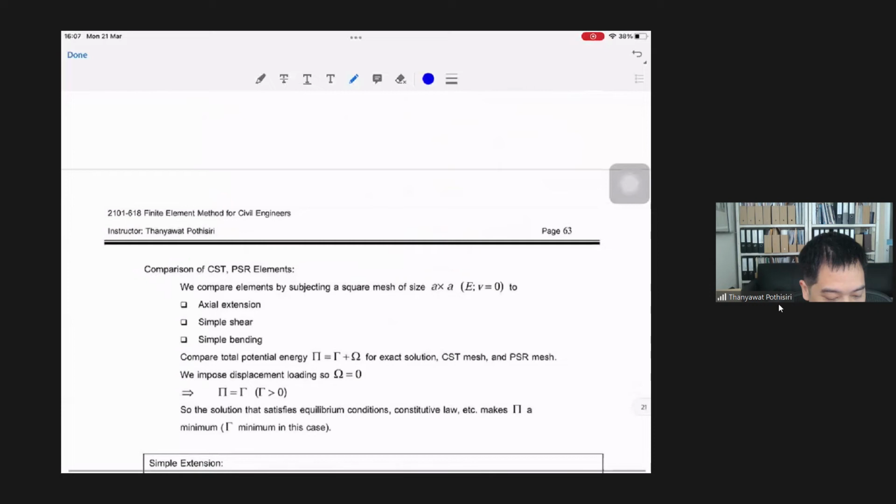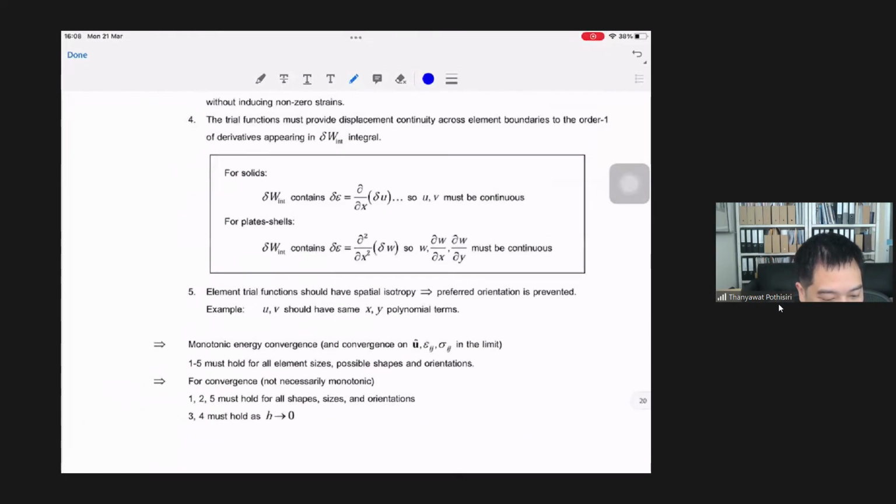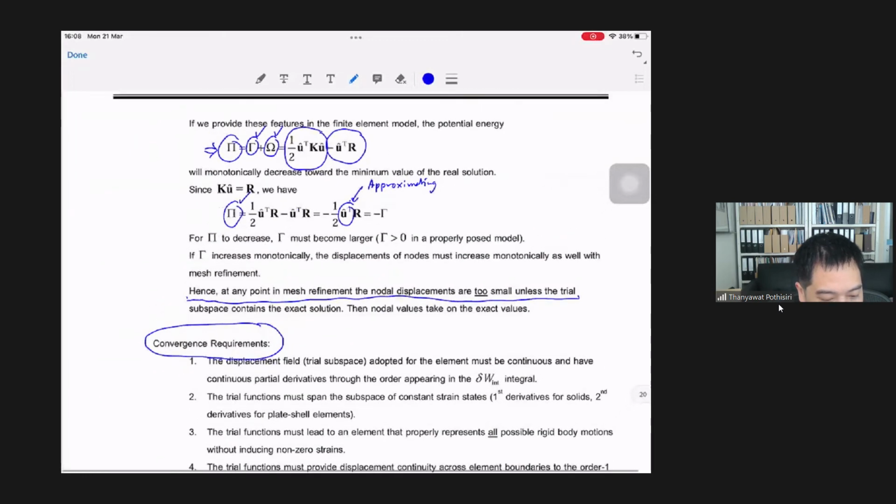So in this example, we're going to be looking at what we call the displacement loading. What do we mean by displacement loading?